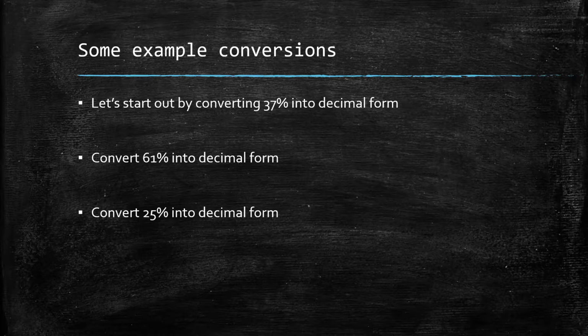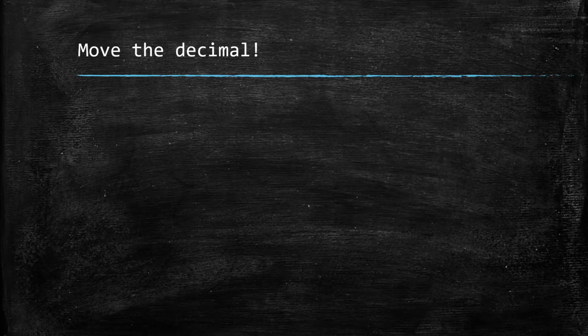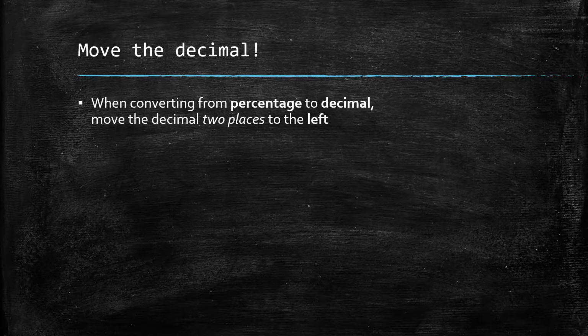Okay, did you come up with a rule? What pattern did you notice? We move the decimal. So when converting from a percentage to a decimal, we move the decimal 2 places to the left. So 37 became 0.37 because we moved it twice to the left from where it started.